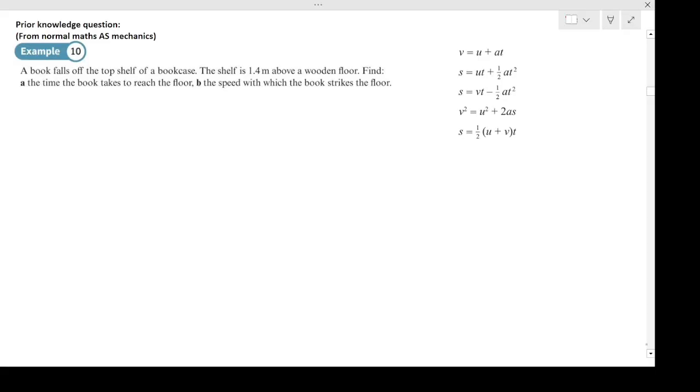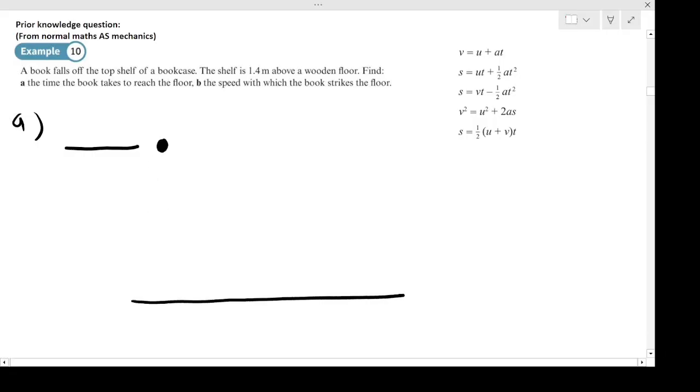Remember we're going to draw a scenario. So what's happening here is we have some bookshelf here, and then we've got a book which I'm going to draw as a little dot like this. Nothing fancy. So that's my book. It's going to fall down, and then it's going to hit the floor, which is all the way here.